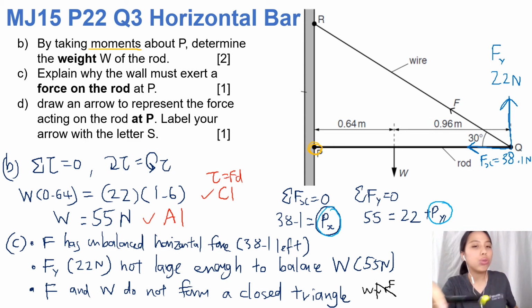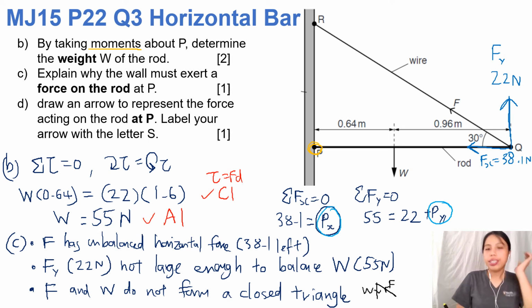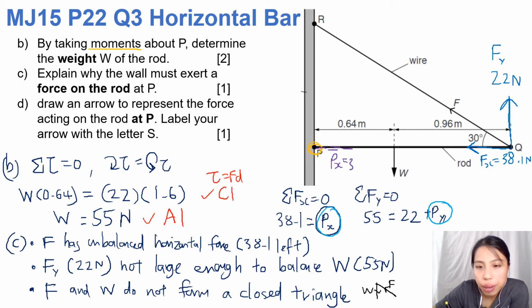Draw an arrow to represent the force at P. Label this force S. So at P, there's going to be a few components, right? You have to balance out the horizontal force of 38.1. So this P has a horizontal part, Px, of 38.1 to the right.